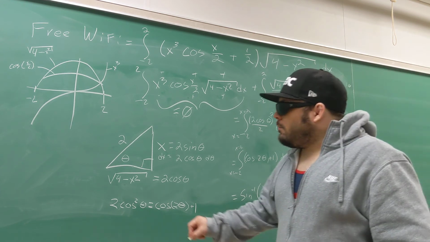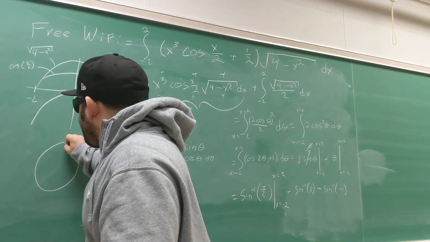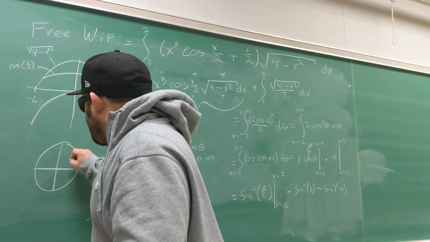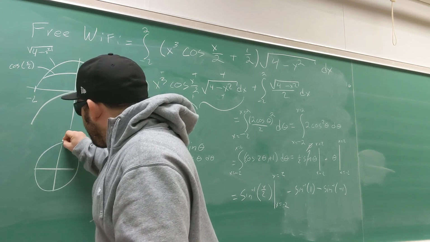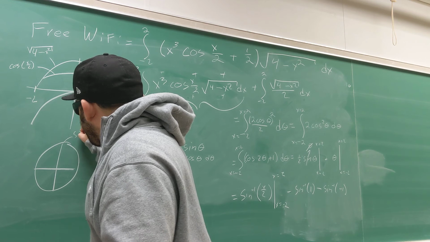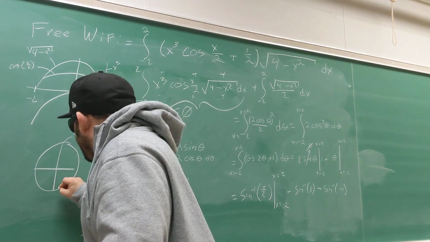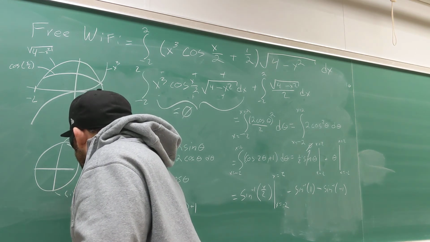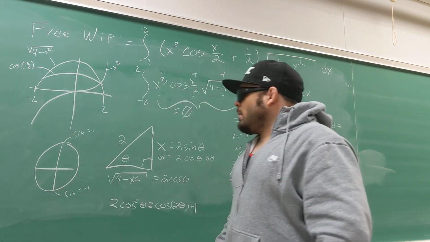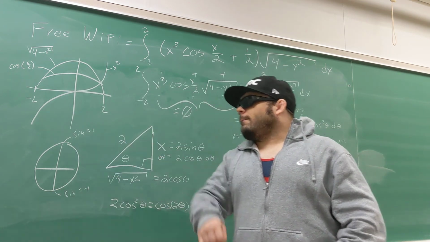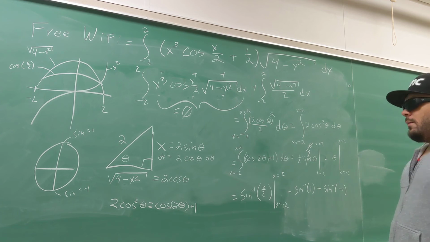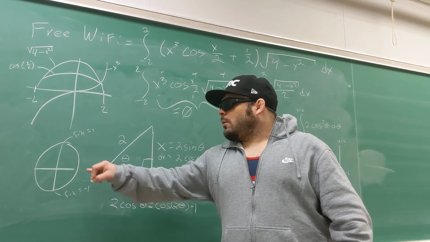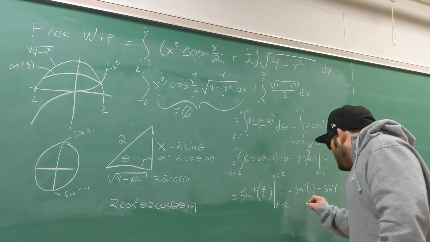So remember, we have a circle. Sine is 1 up here. So when sine is 1, that means we're at pi over 2.